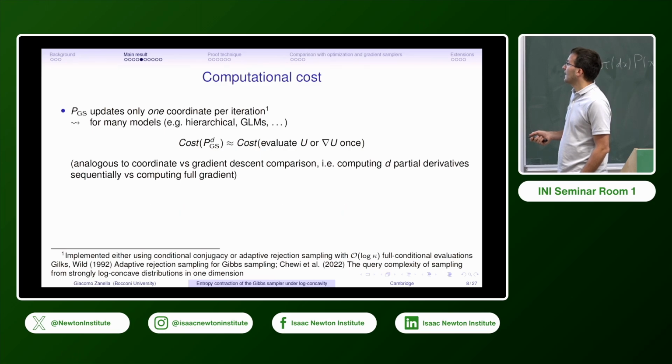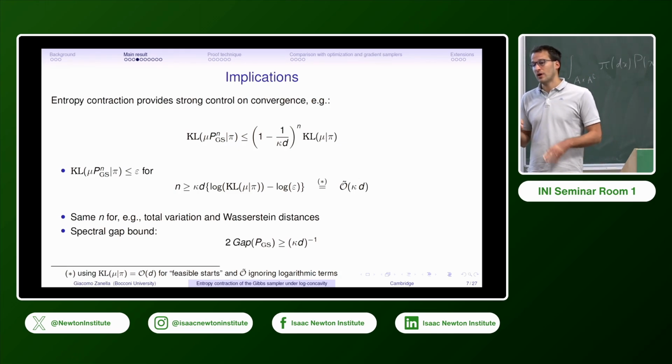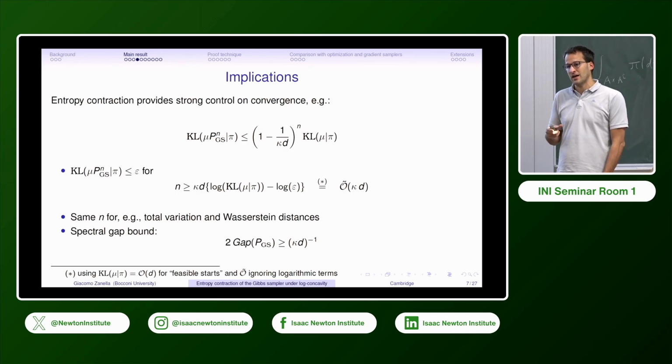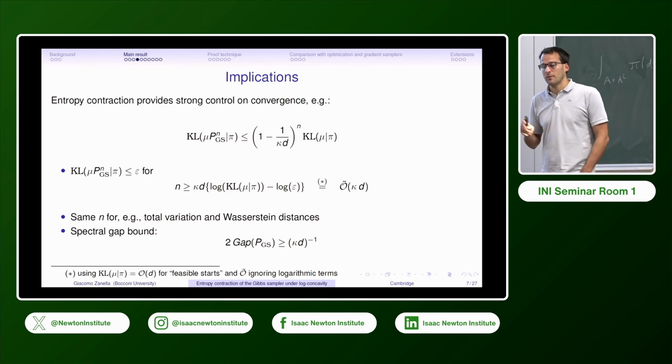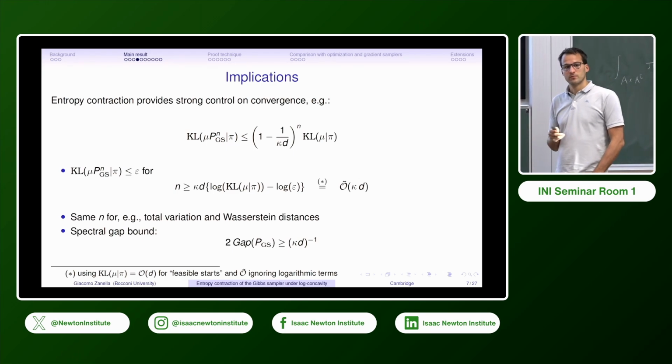And as you say, the contraction rate gets closer to 1 as both kappa and d increase, which is why the number of iterations goes linearly with kappa times d. So in general, we view kappa as fixed, so we don't play with it. Although maybe by changing the parameterization you can improve kappa star, but that's not the perspective; we don't examine that. But yeah. So in general.